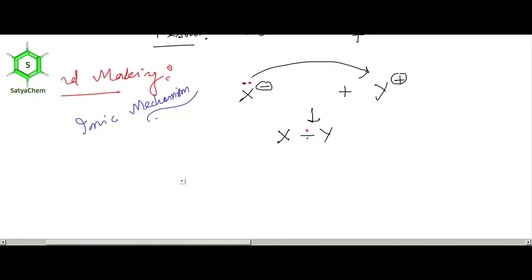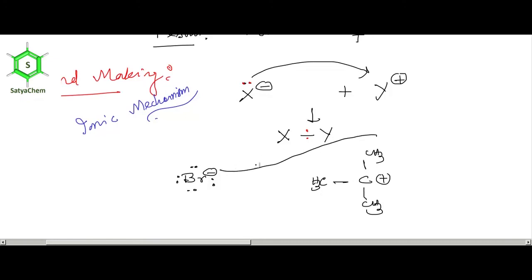As a real-life example, take Br minus, the bromide ion. Initially it is very good practice to show all valence electrons. The other is a carbocation. Later I will discuss carbocations. Here I am going to form a new bond between this carbon and the bromide anion.